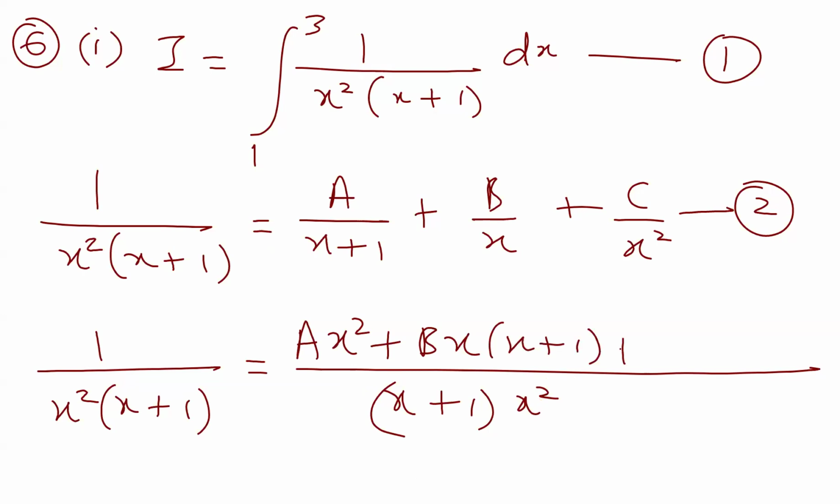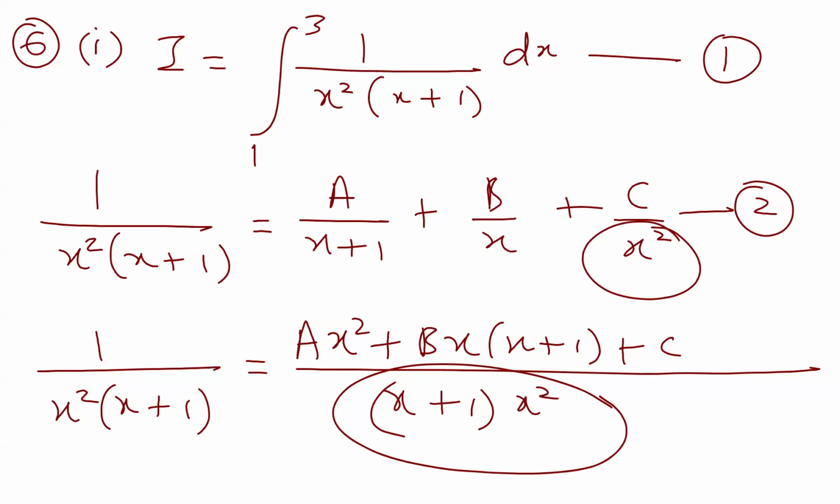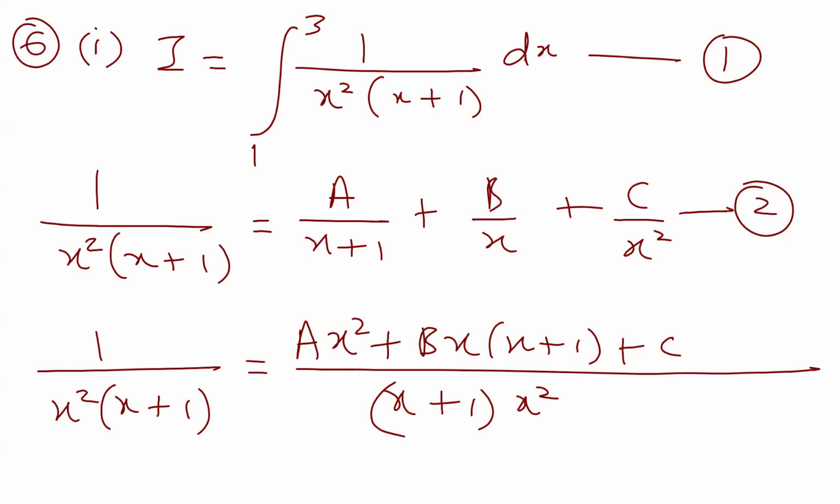Plus C into, from this eliminate x square, so it is going to be only x plus 1. Now cancel the common denominator on both the sides. So we are left with 1 is equal to A x square plus B x into x plus 1 plus C into x plus 1.